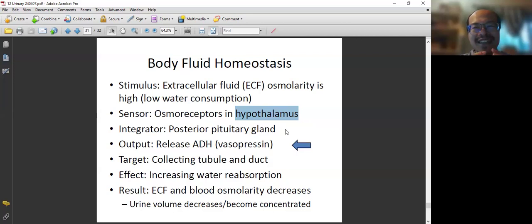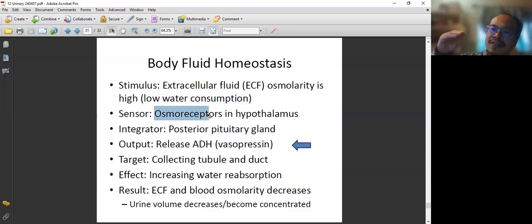If the blood is too condensed, it means that your body lost fluid. Say your body loses fluid, low water, then your osmolarity is high. This osmoreceptor senses it. Let me draw it so you have some visual understanding.